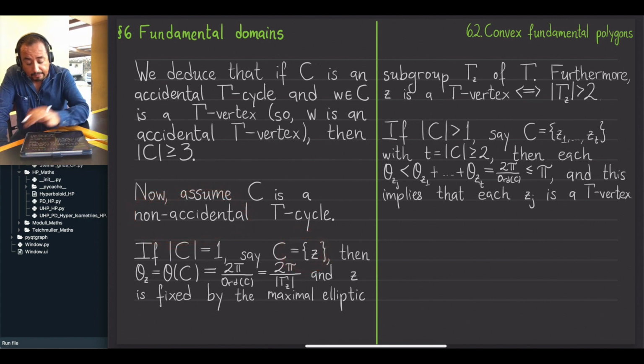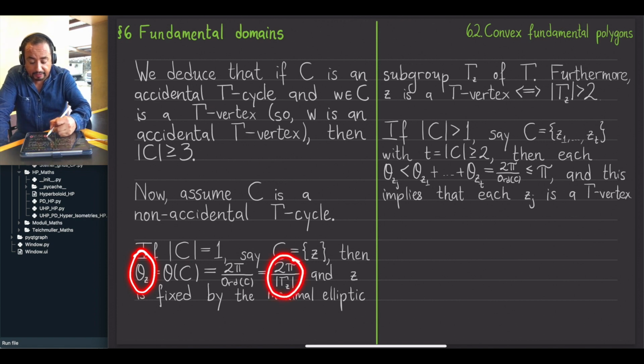So this angle is the angle sum, and this angle sum times the order of the stabilizer is 2 pi. So this angle is 2 pi divided by the order of the stabilizer.